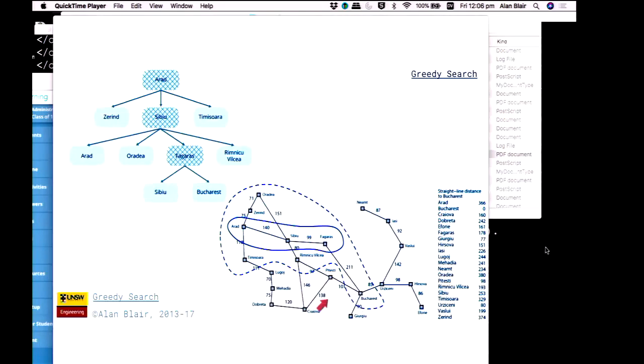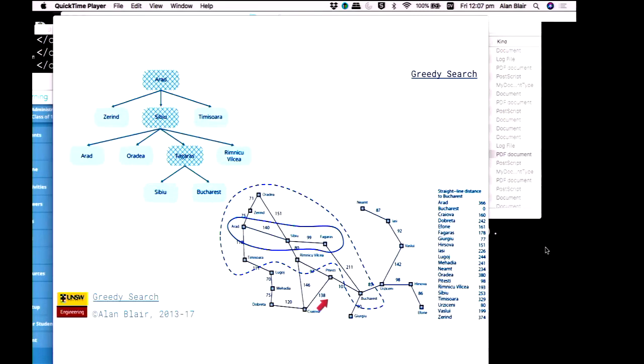So we expand that. Now, one way to think about this: if you go back to the uninformed search strategies like breadth first search and iterative deepening search, they will find the shortest path.